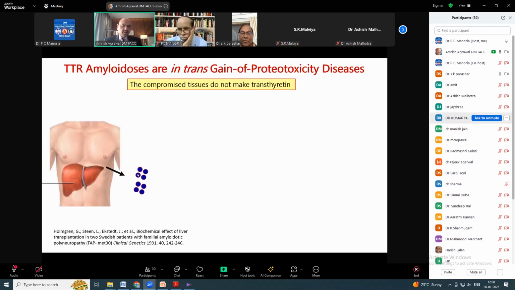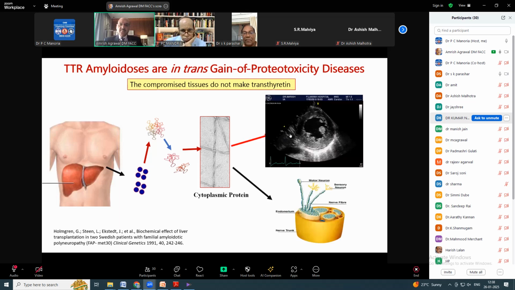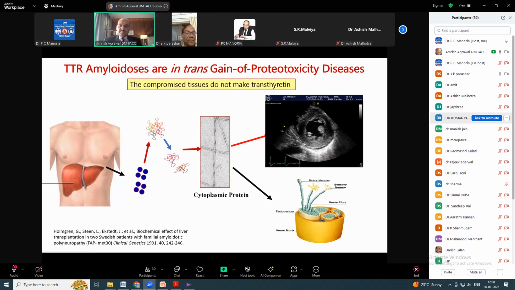For some reasons, which we will see later on, these 4 subunits dissociate. First it dissociates into dimers, and this is the rate-limiting step. The dimers then dissociate into monomers, and these monomers straighten out and form fibrils. These fibrils then become deposited in the extracellular tissue inside the heart and the peripheral tissues, giving rise to the typical pattern of preserved ejection fraction and polyneuropathy, which are the common manifestations of cardiac amyloidosis.